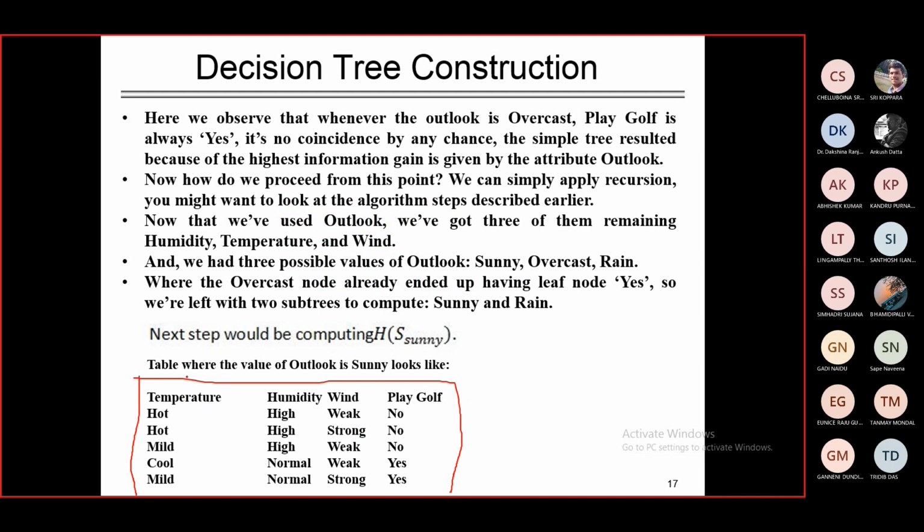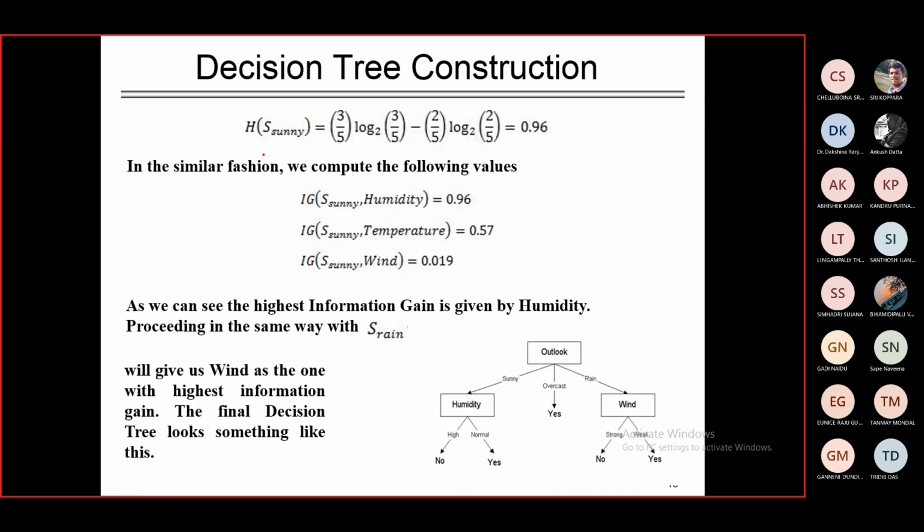This subset is for the sunny value. From this subset, we will again compute the information gain for temperature, humidity, and wind. So here we get the information gain for humidity, temperature, and wind.